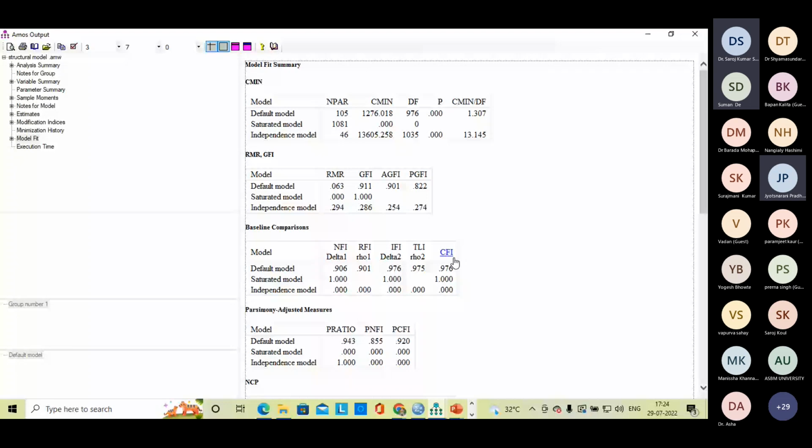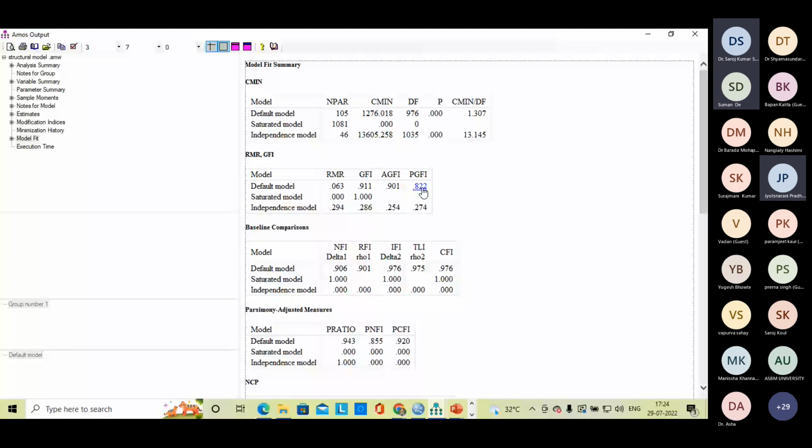So the model is nicely fitting. There is a nice, excellent, appropriate fitting of data. These are the values which need to be at least more than 0.9, and the PGFI value should be more than 0.75.